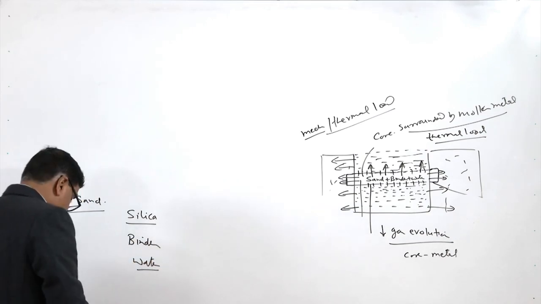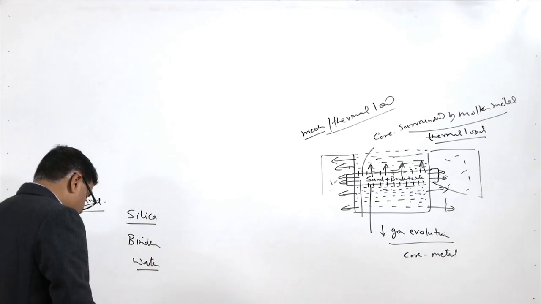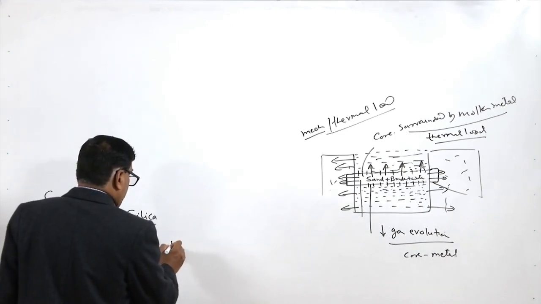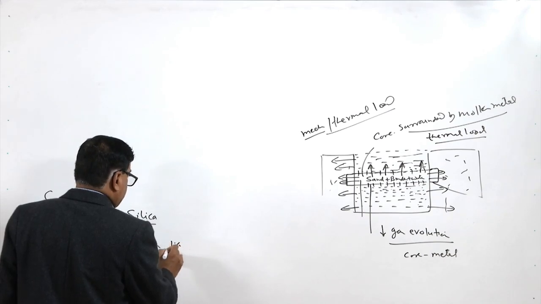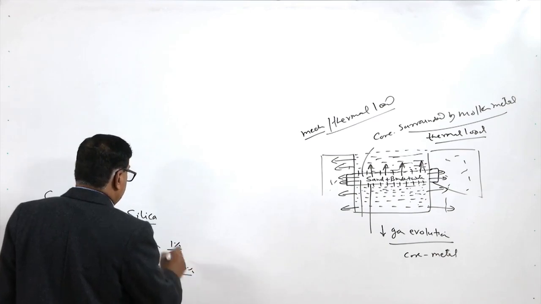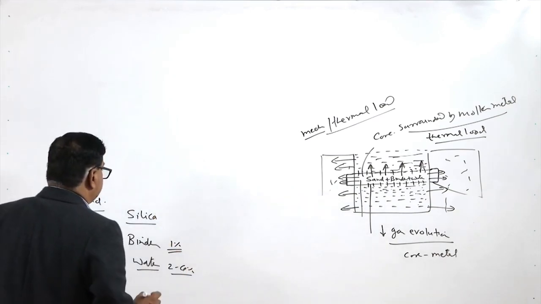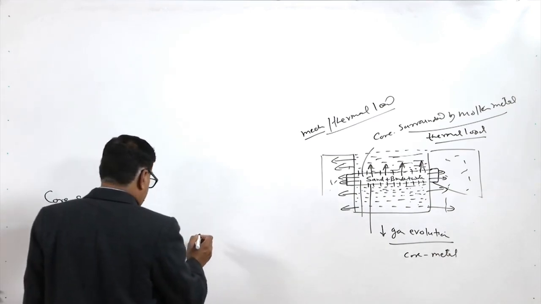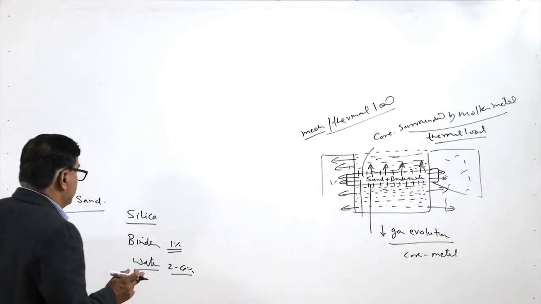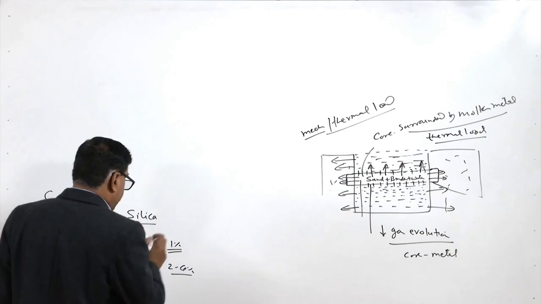These are mixed in different proportions, for example, about 1% binder and 2 to 6% water, and the balance is silica, and maybe some additives are also added to achieve a specific set of properties.